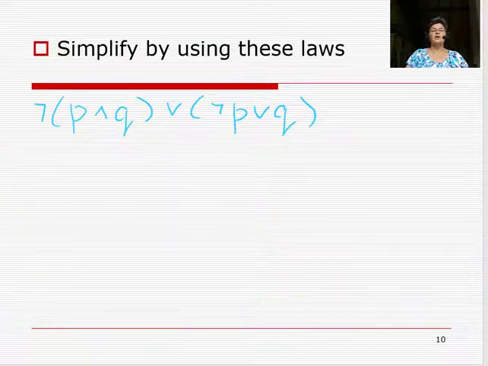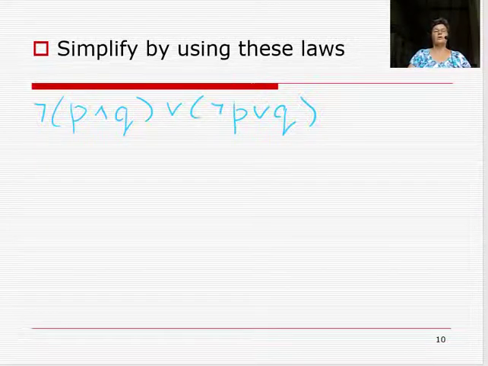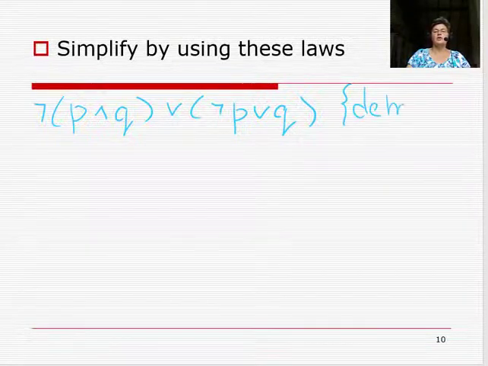Okay, let's have a look at another example. Now we have not (P and Q), or not (P or Q). Okay, let's first have a look at it, and then, again, we see that for the first part, De Morgan would be the best option. So let's do that.